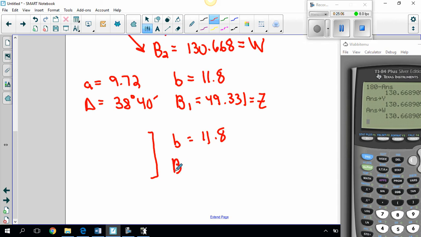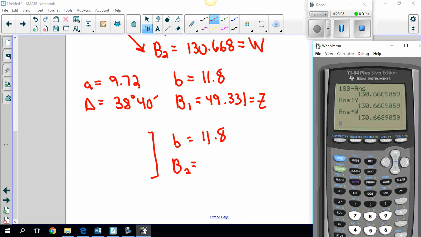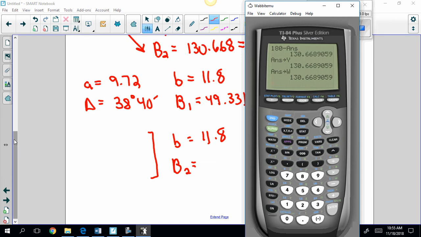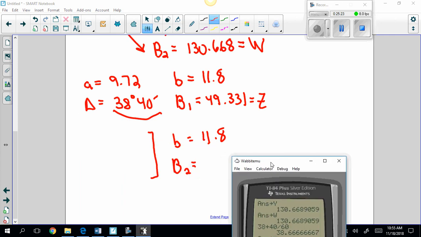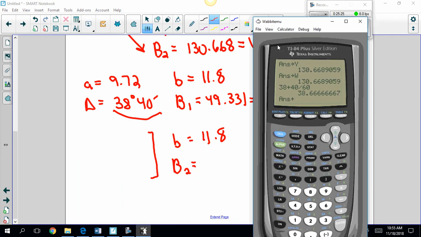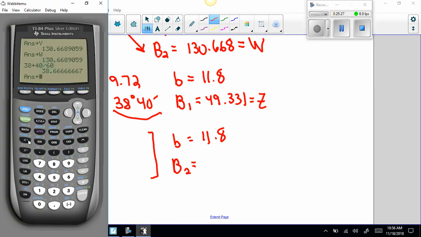But we do get a B2, which is 38 plus 40 divided by 60, which is this in decimal, plus Z, minus 180, times the negative 1.